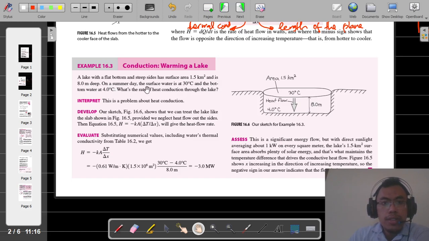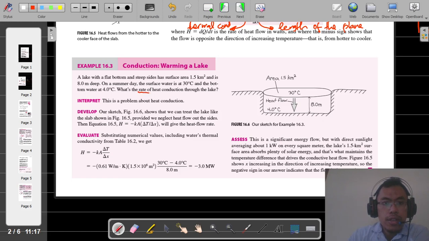On a summer day, the surface water is at 30 degrees Celsius, and the bottom of the lake is 4 degrees Celsius. So what's the rate of heat conduction through the lake?